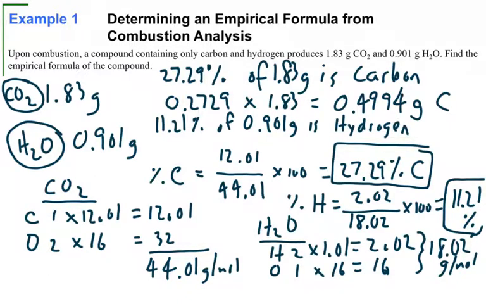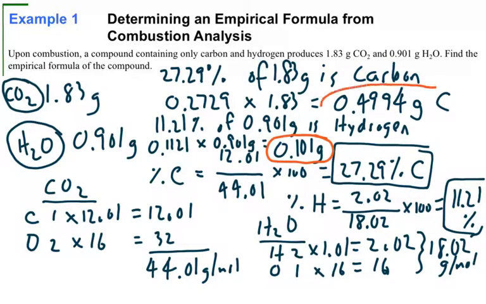So mathematically, you're going to go 0.1121 times 0.901 grams is going to equal the mass of hydrogen in that water, and that ends up being 0.101 grams. Now, let's circle these two numbers. This is the mass of the hydrogen. This is the mass of the carbon.